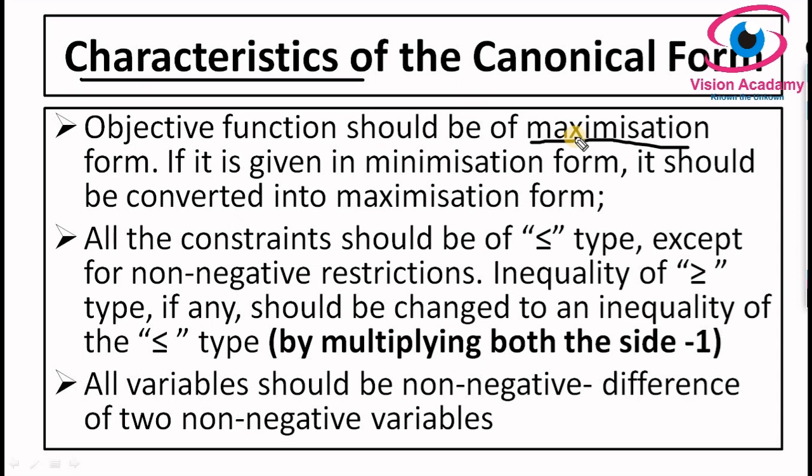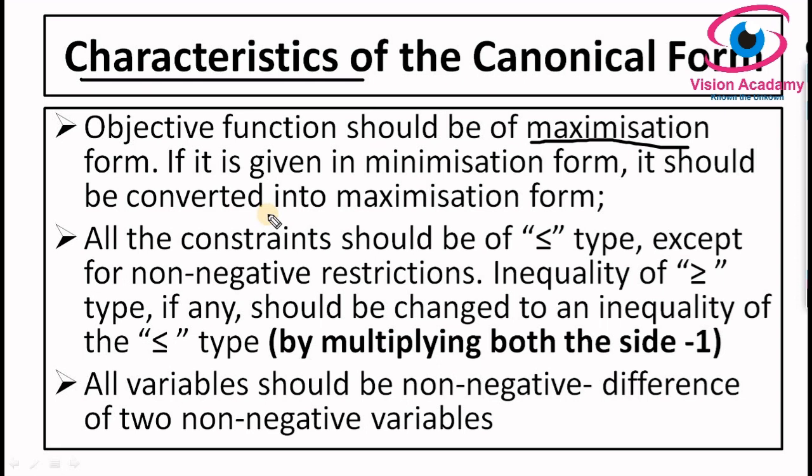Even if it is given as minimization, you have to convert it into maximization type simply by introducing negativity into the objective function. By introducing negativity, there will not be much change, because it is a mirror image of the given information.